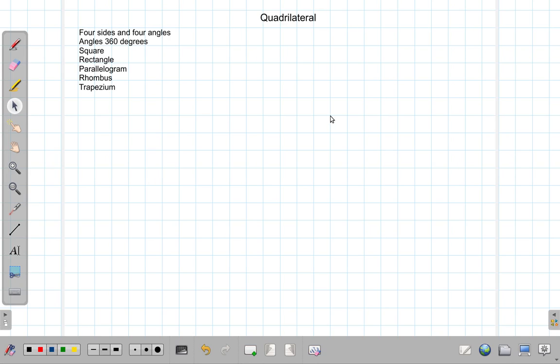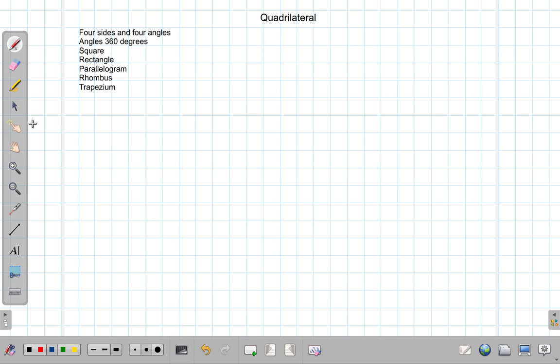We will look at the quadrilateral in this video. Now, quad, Q-U-A-D, it means 4. So this is a polygon that has 4 sides and of course 4 angles.